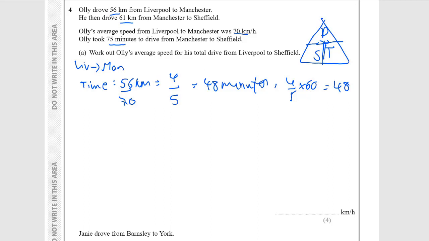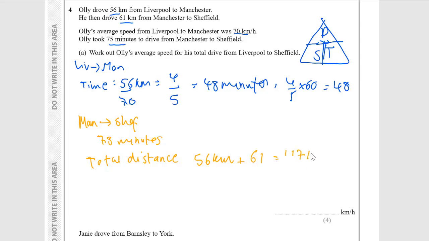Right, and then from Manchester to Sheffield, change color. So Manchester to Sheffield. It says it took him 75 minutes. So the total distance was 56 kilometers plus 61 kilometers, so 117 kilometers.